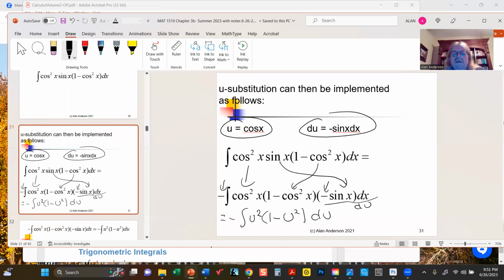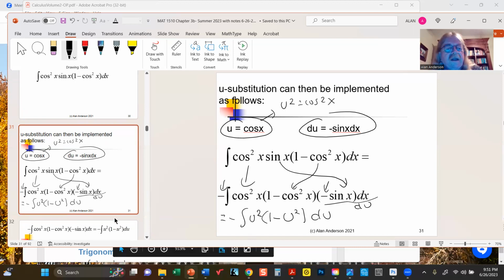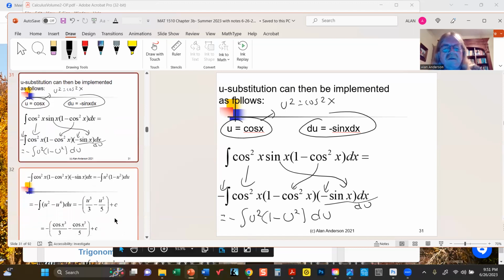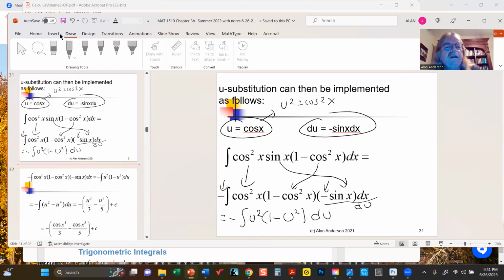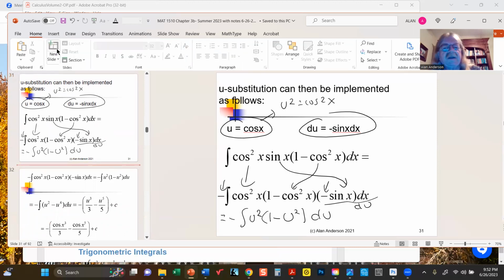So in other words, if u is cosine x, u squared is cosine squared x. Now, we can just do a little algebra, and all of a sudden, it's not going to be that big of a deal.